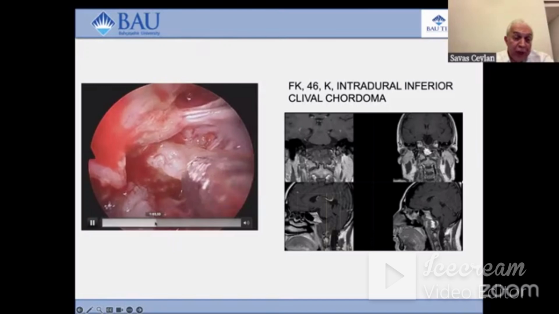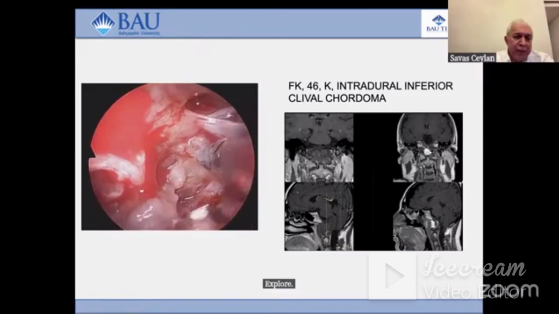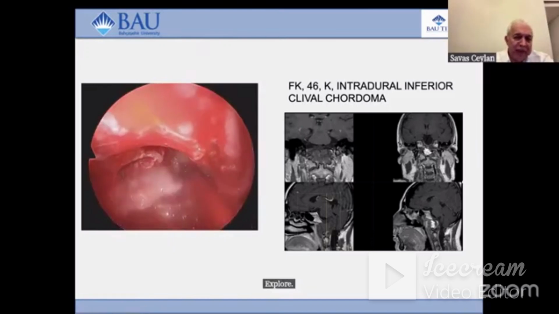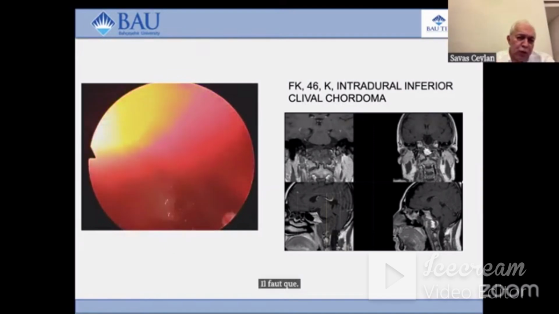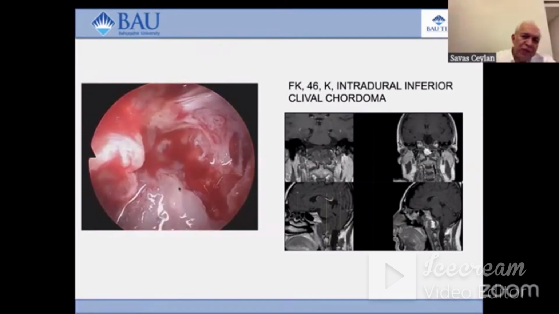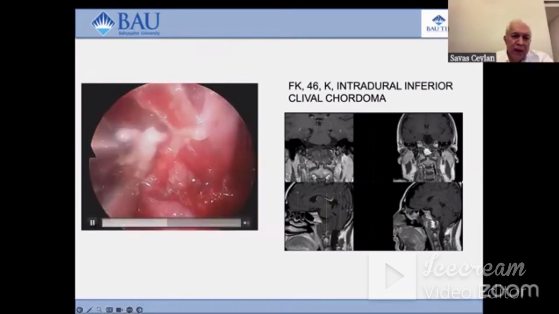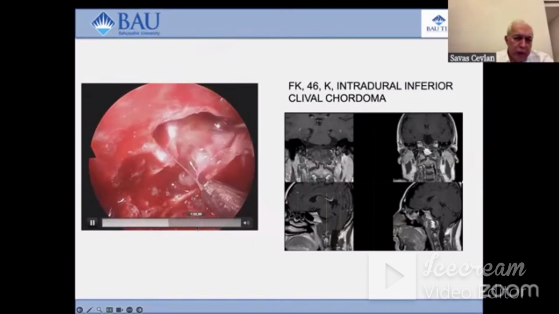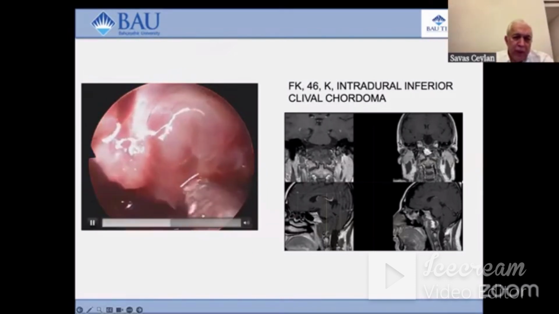We explored the clival dura. There are many dural defects. We removed the intradural tumor through these dural defects, and we continued the tumoral resection.